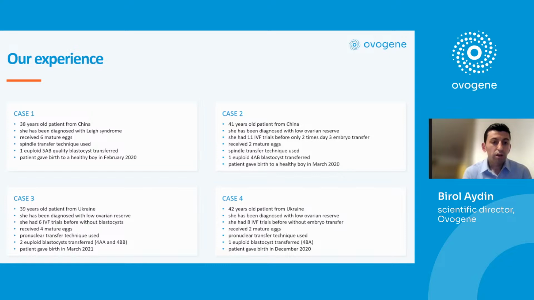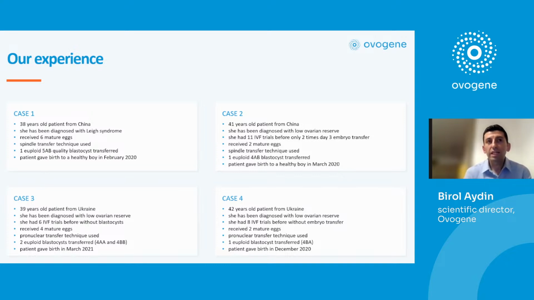And a 39-year-old patient from Ukraine, again with low ovarian reserve and 6 IVF trials before, with pronuclear transfer, we transferred 2 embryos, 4A and 4BB, and the patient gave birth in March 2021. So there are many cases like this, which we can consider.